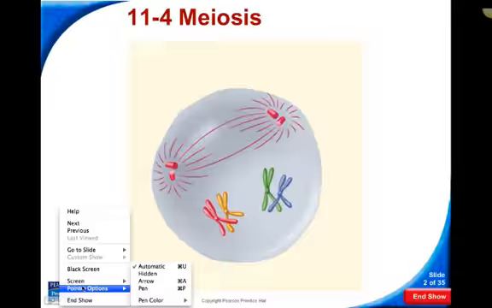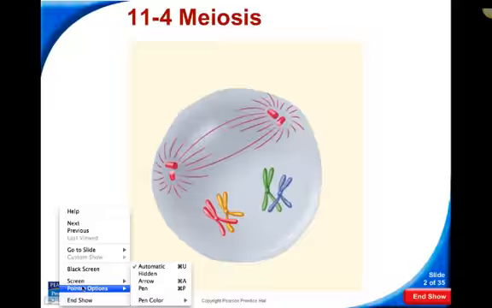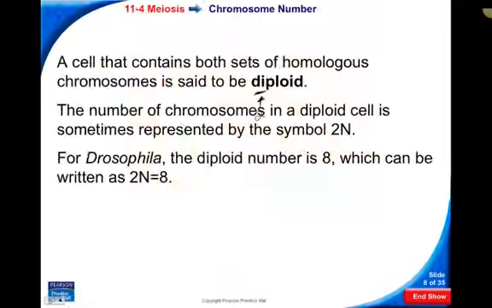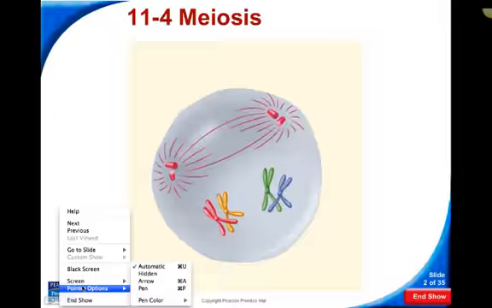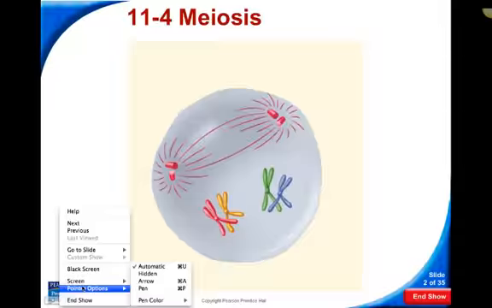The number of chromosomes in a diploid cell is sometimes represented by the symbol 2n because it's 2 times the minimum number of chromosomes that cell can have. So for Drosophila, the diploid number is 8, which can be written as 2n equals 8. Humans have 46 chromosomes, so humans could be written as 2n equals 46.